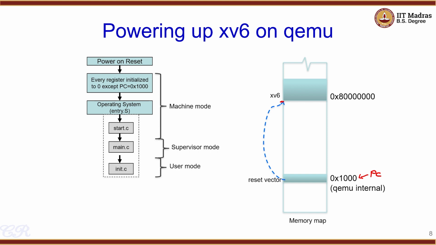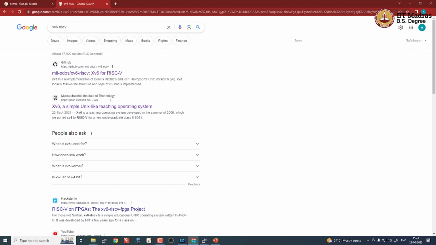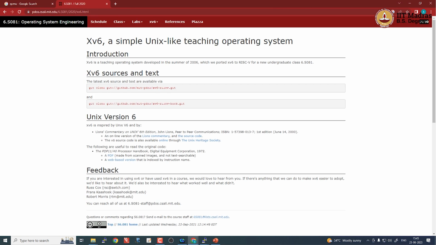To understand this, as I did mention, xv6 is open source code. It can be downloaded. At this particular site, you can obtain the source code from this website. So the entire code is downloaded.